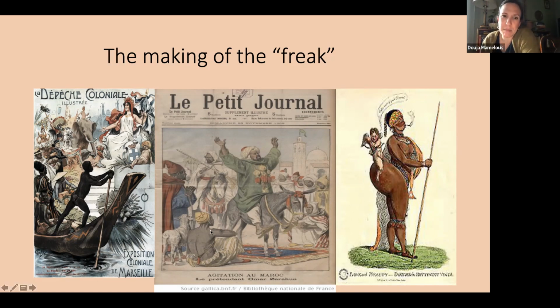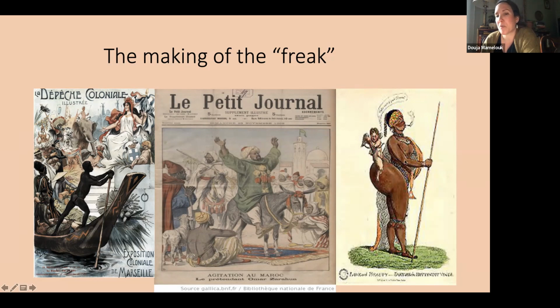Notice here that the black man is depicted as wearing at least a Moroccan turbouche on his head, etc., but he also is half naked. And then finally, the image of the freak making use of the black body. Now, mind you, I don't know if you can see this very well, but it's a white baby angel. She's smoking.